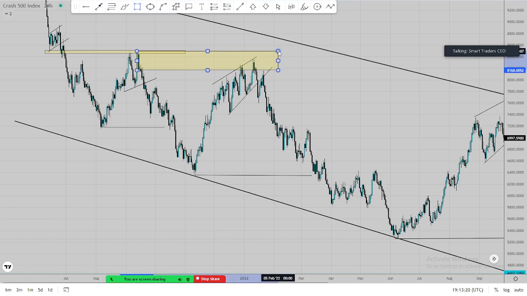So that is actually our supply zone, or someone can call it an order block. We are all correct. If you check from that zone, that was our last candle before the market dropped and also broke this first upward channel, and as well went on to break structure here at the bottom.